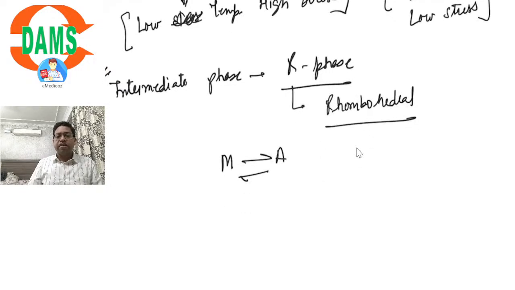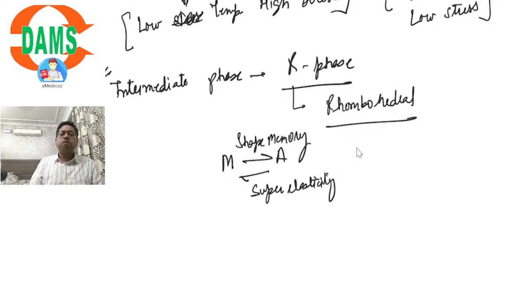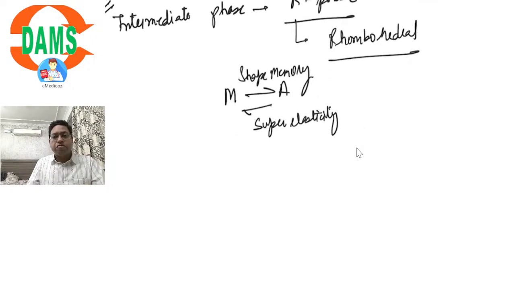Okay. These are the properties of superelasticity and shape memory. This is how nickel titanium is a unique alloy which exhibits these two properties and exists in different forms.